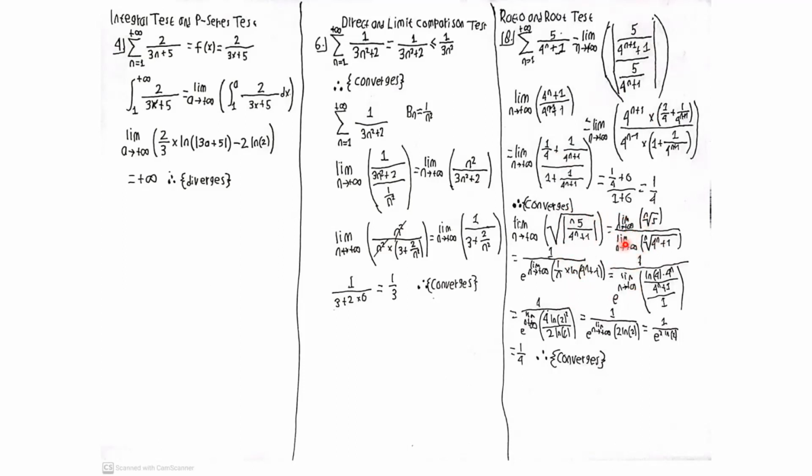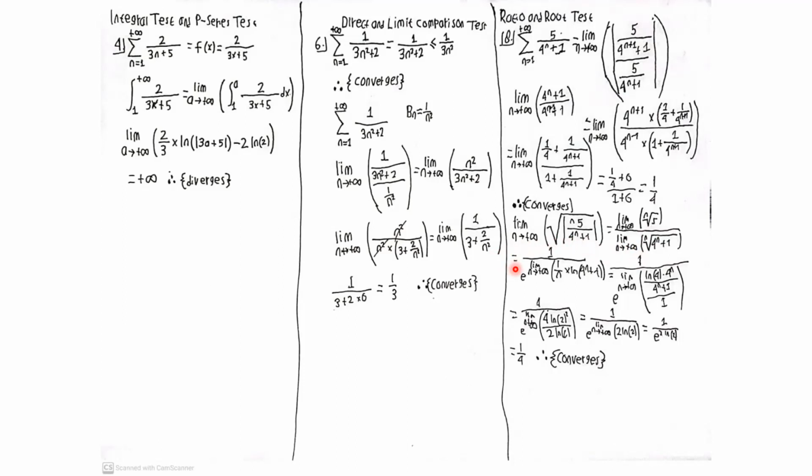The equation will be the limit as n goes to infinity of the square root of 5, over the limit as n goes to infinity of the square root of 4n plus 1. So we need to use the limit of a to the 1 over n equals 1, for a greater than 0, to evaluate the common limit.